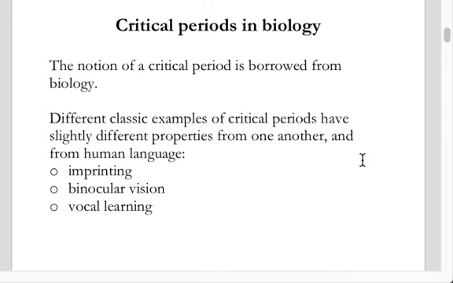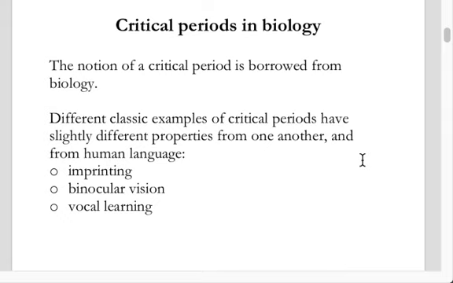The point here is not that I'm giving you super accurate biological information. But the point is just to show that these have slightly different properties from one another. And they have slightly different properties from human language, but they're still a good guide for thinking about how we might investigate critical periods in language, because this is where the notion itself is grounded. This is where it comes from.